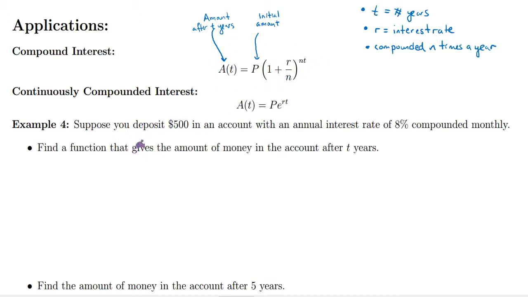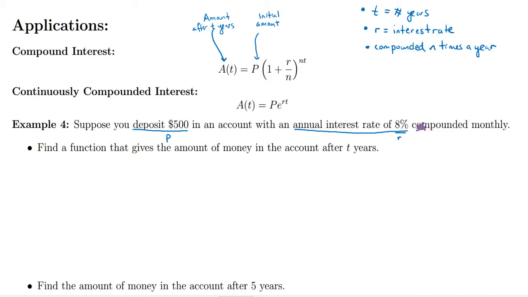So suppose that you deposit $500 in an account with an annual interest rate of 8% compounded monthly. All right, so that right there is telling you a lot of these variables already. You are depositing $500. That is going to be your P, your initial amount, right? Into an account with an annual interest rate of 8%. So what is this 8% right here? That is your r, the interest rate.